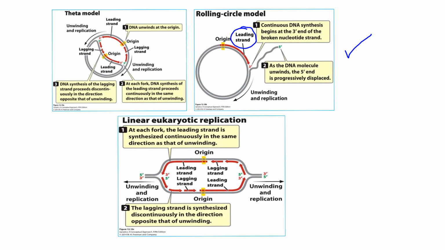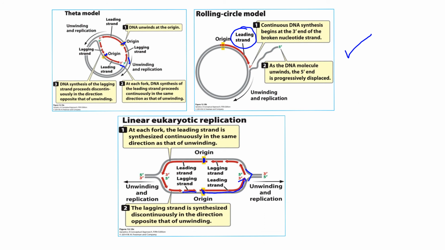Now, if you compare theta and eukaryotic replication, just look at the direction of replication. In both cases, replication starts at the origin of replication and proceeds at the replication forks. Now, in both cases, each template strand gives rise to leading and lagging strands. Here, lagging and leading. The same in the theta model.